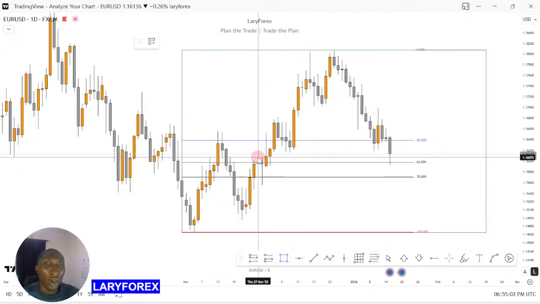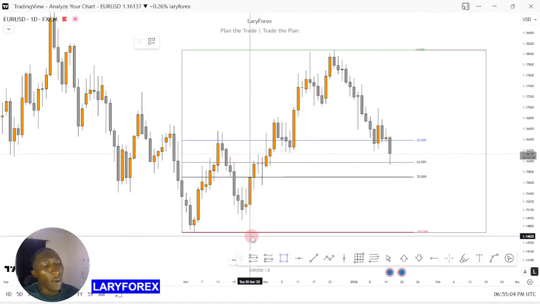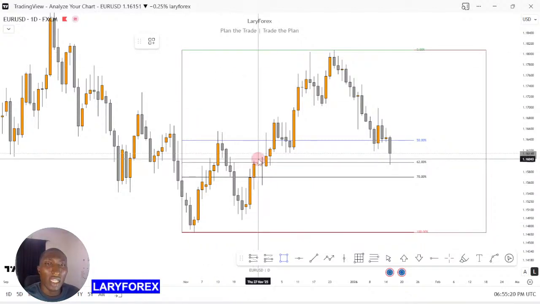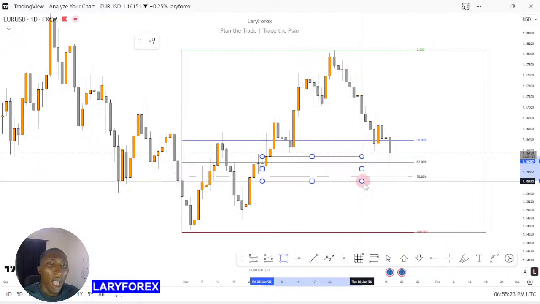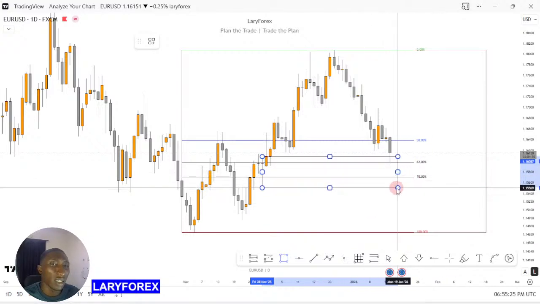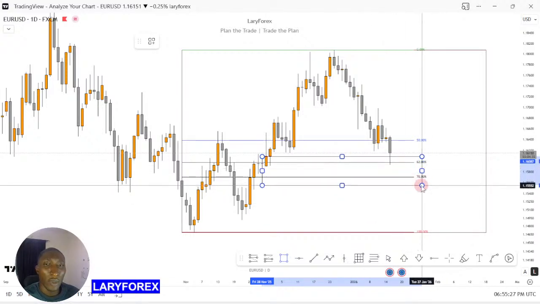Price came down to a discount level, and you remember when I was covering supply and demand, I said that the levels I am much interested in are indecision candles. So the indecision candle here, you can clearly spot it at the 62 and 70% Fibonacci level.